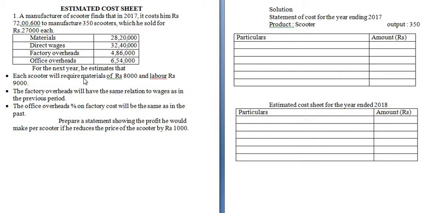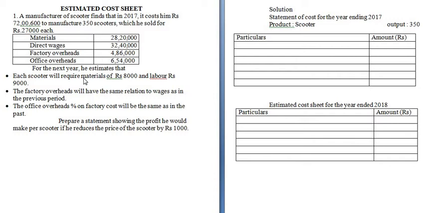Suppose in this worksheet the cost of direct material, direct labor or wages and overheads are predetermined on the basis of previous costs, after taking into account the present conditions and also the anticipated changes in the future price. So whatever cost sheet we have prepared for this particular year, based on that information, we are going to estimate for the future years.